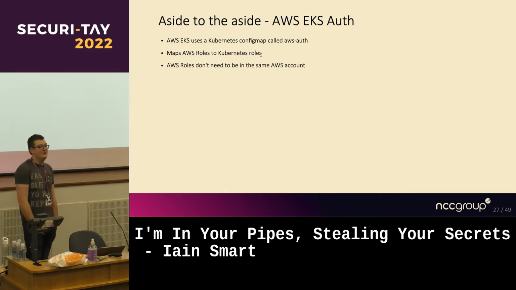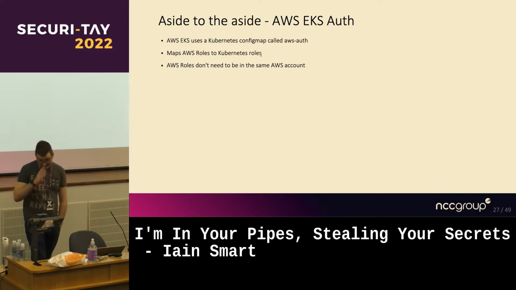Basically, what you do there is you say AWS role ID on the left, Kubernetes role on the right. And the AWS roles do not need to match the AWS account, so this can be used for cross-account access quite easily, which we didn't know until we tested this about 11 o'clock at night, because it was an American gig.